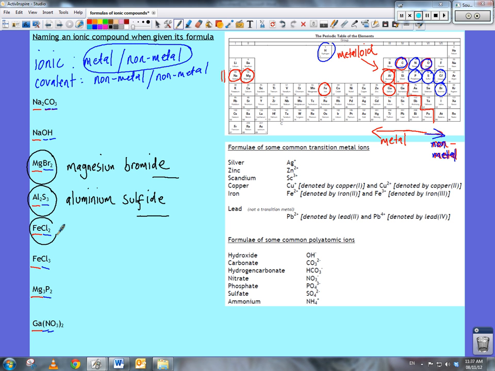Next, we've noticed that we've got iron and chlorine. Well, the chlorine becomes chloride. And yet underneath we've got another FeCl compound, so this must also be iron chloride.